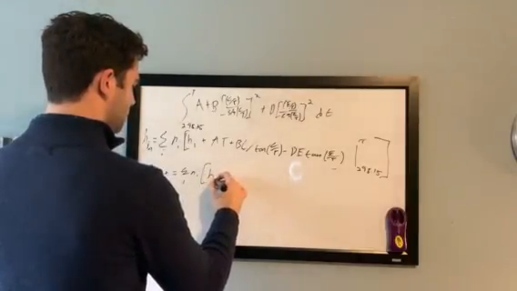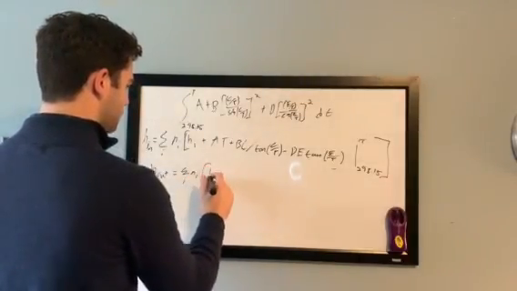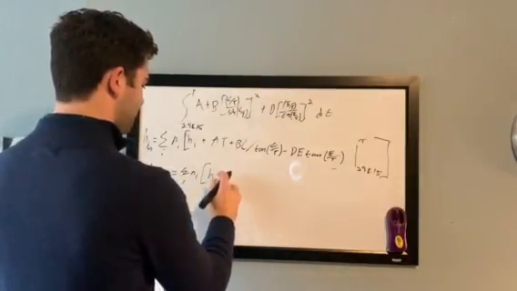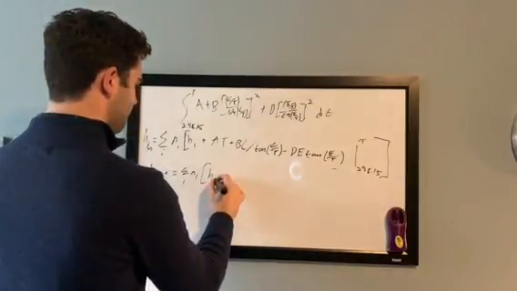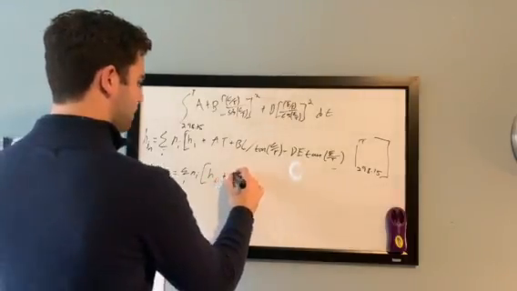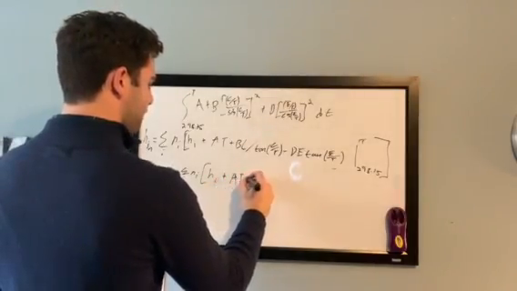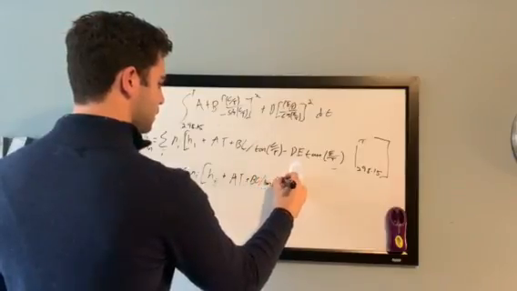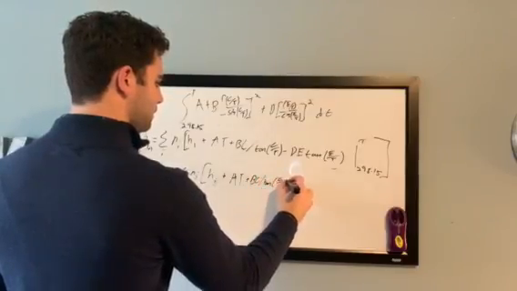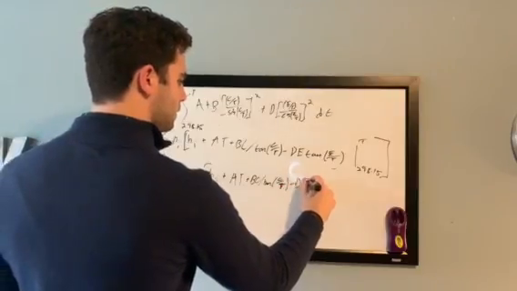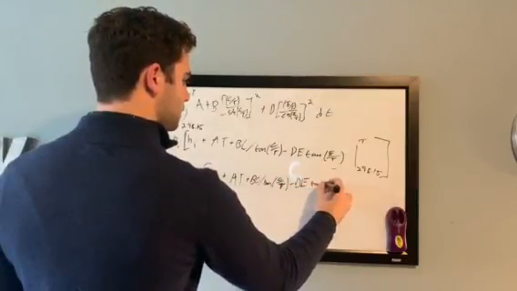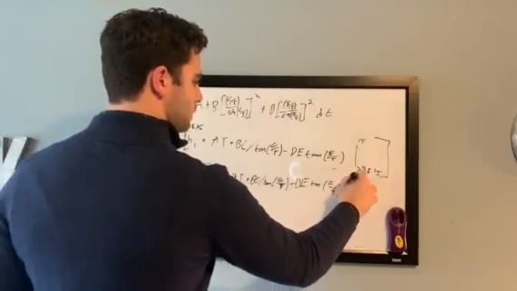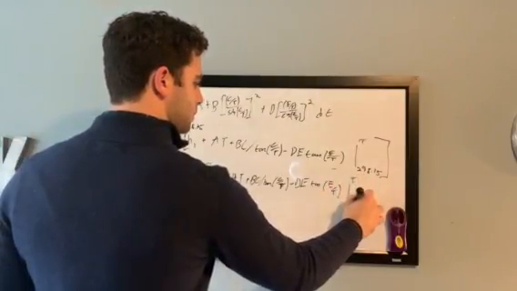It's the same thing, just now it's outside. So we'll have plus BC over tanh of C over T minus DE over tanh of E over T, evaluated at 298.15.